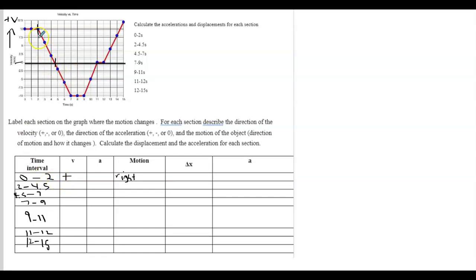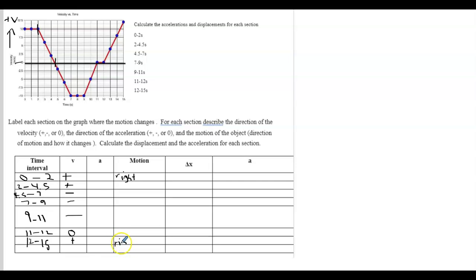So for 2.5 to 4.5, those are all still positive values, so I'm going to put a plus sign there. From 4.5 to 7, those are in the negative, so that's negative. 7 to 9 is a negative value. 9 to 11 has a negative value. 11 to 12, it's actually 0, so I'm going to write a 0 there. And then from 12 to 15, that last section of the graph, that's going to be a positive value. Again, anything that's positive moves right.